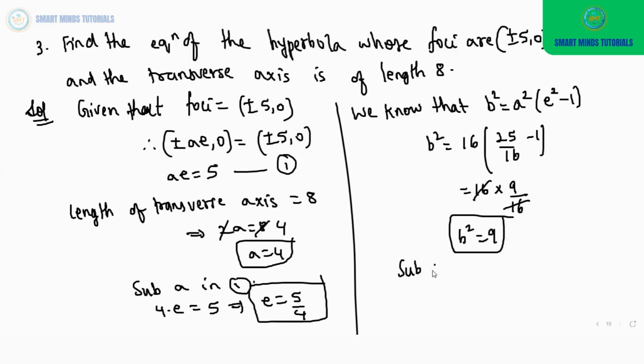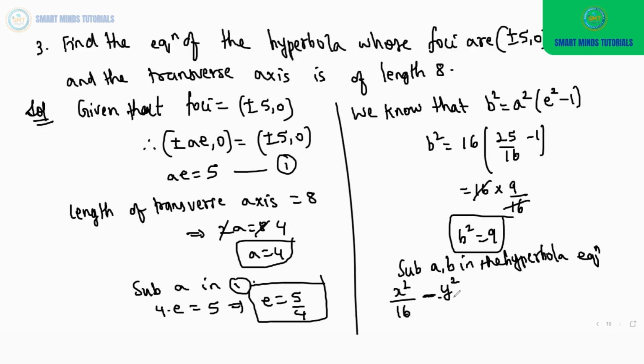Now substituting a and b in equation number, no, sorry, not in equation number 1, in the hyperbola equation. Okay. So x square by 4 square is 16. You get a minus.